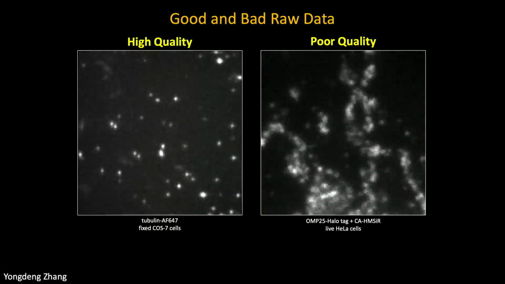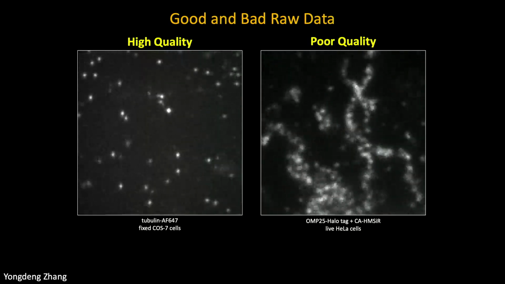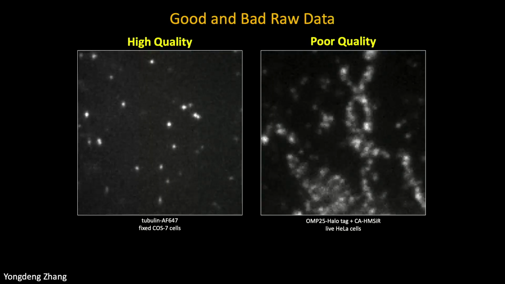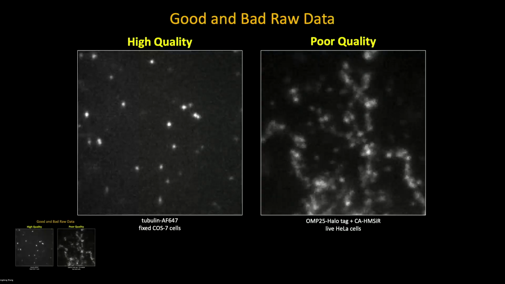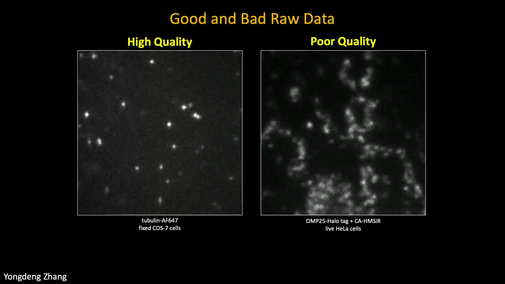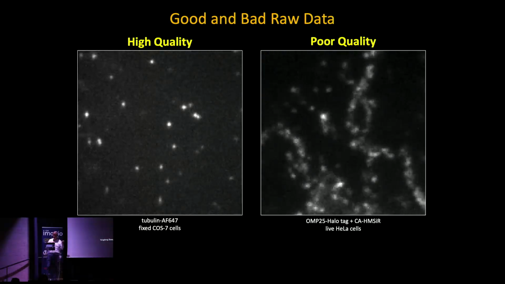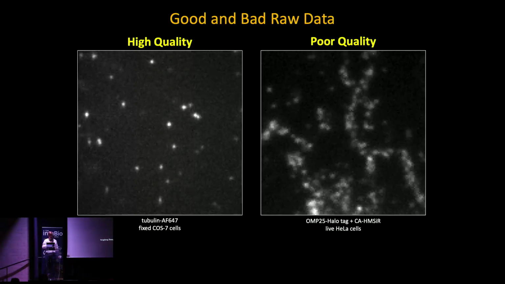So the reason why the left data is high quality is because it's very easy to identify isolated single molecules here, and our algorithms to then find the position of the individual molecules work very reliably. On the right, the problem is that the molecular density of the active molecules is so high that it's difficult to find the molecules you're really interested in.